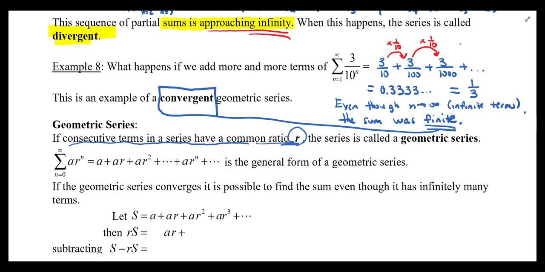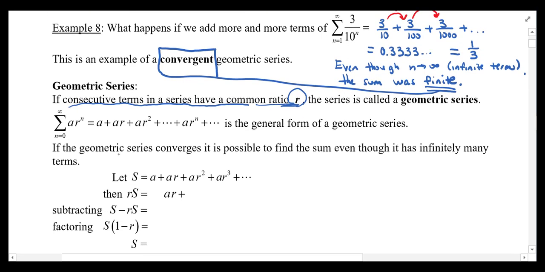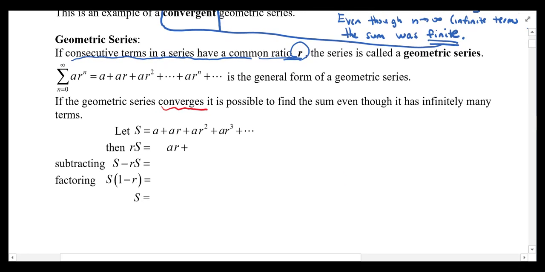Now, if the geometric series converges, it is possible to find the sum even though it has infinitely many terms. So let me show you how I can prove this. Looking at this sum, let S stand for the sum of a geometric series.